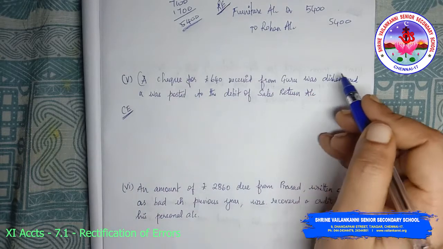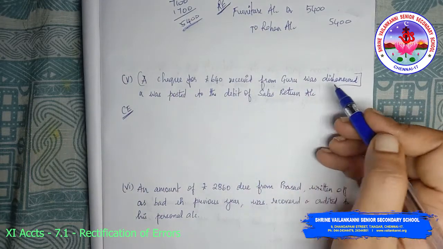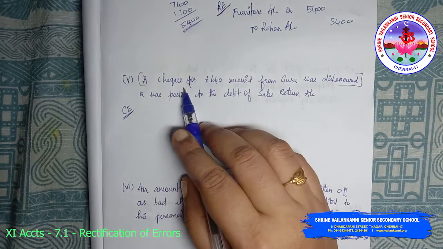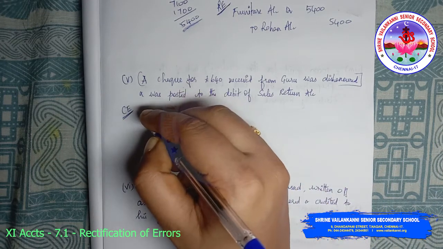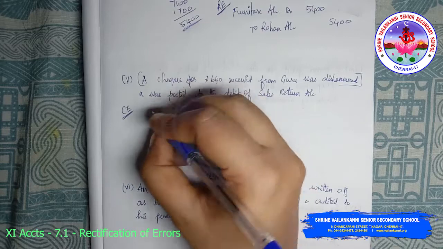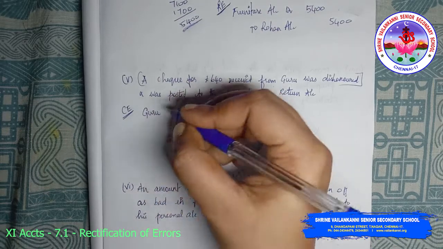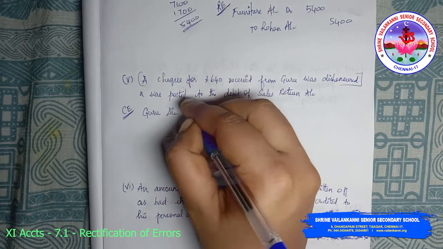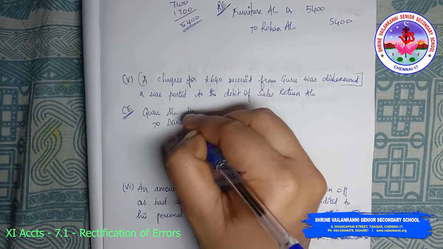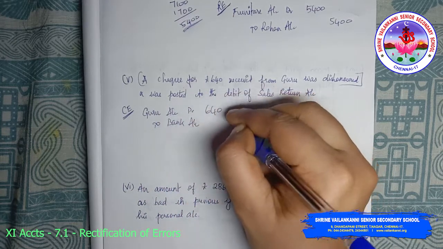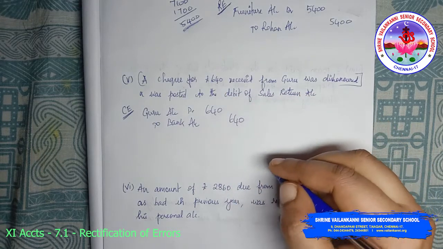Check dishonored for Guru. Check means bank. So bank has to give back the check. So Guru has to collect the check. Guru account debit to bank account 640.